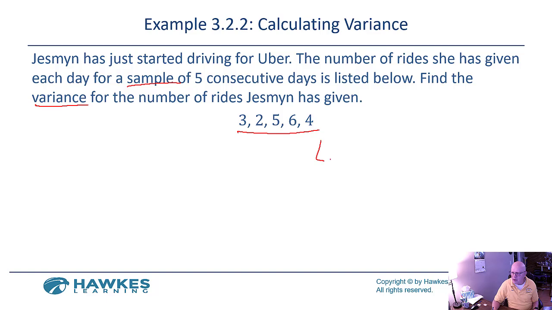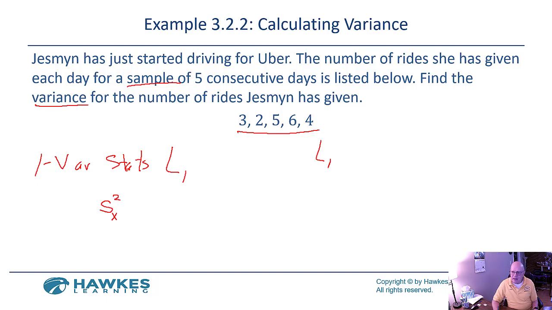Let's say you put them in L1, then you do one variable stats using L1, and since it's a sample, you'll be looking for this value right here. Take that value. This is the standard deviation for the sample. That's not what you want for this one. You'll need to square it.